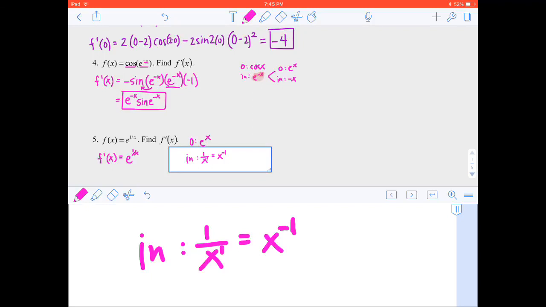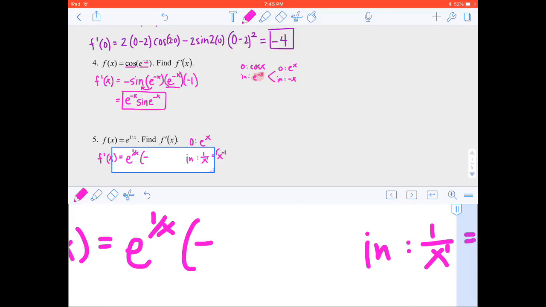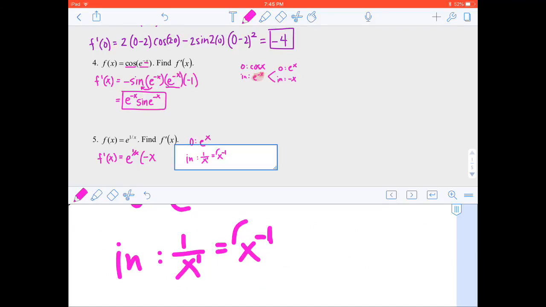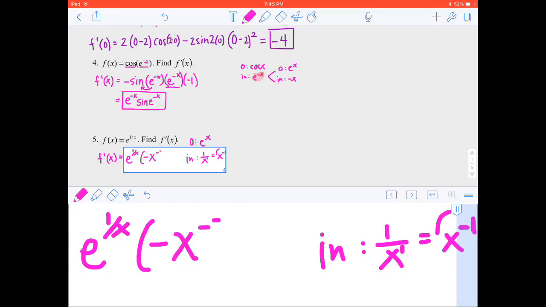So we have x to the negative 1, which is good because now all we have to do is use the power rule. And the power rule says we're going to multiply that negative 1 to the front. So we'll have negative x and subtract 1 from the power. So negative 1 minus 1 is negative 2. So we have e to the 1 over x times negative x to the negative 2, and that's our derivative.